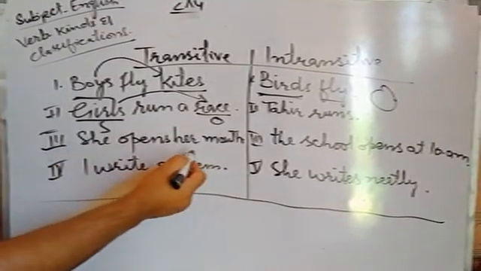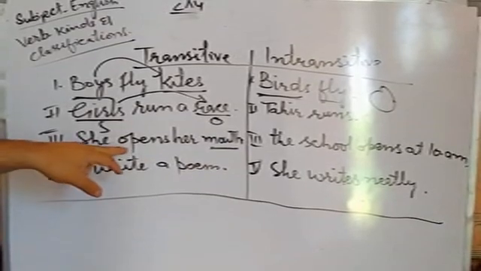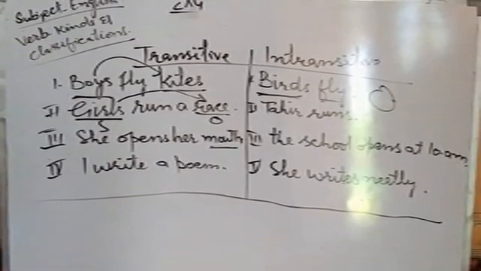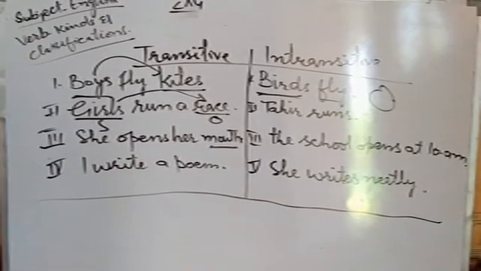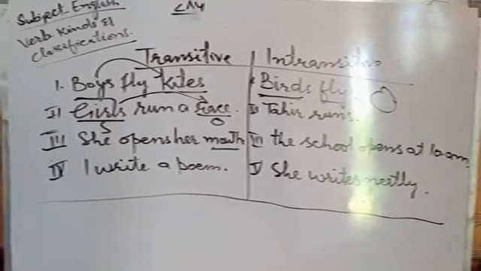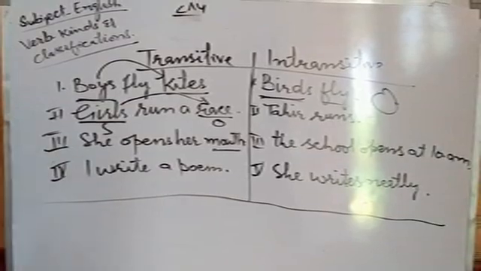She opens her mouth. If we write here only she opened, we do not know what she opened. We don't know what the action is about, on what it is going on.